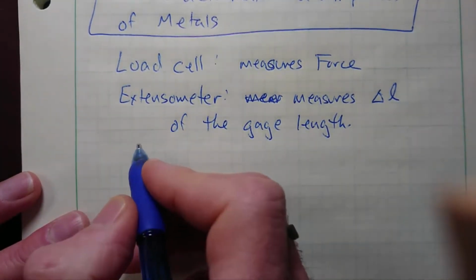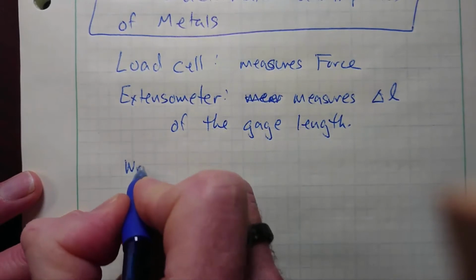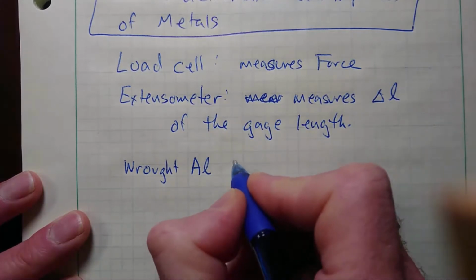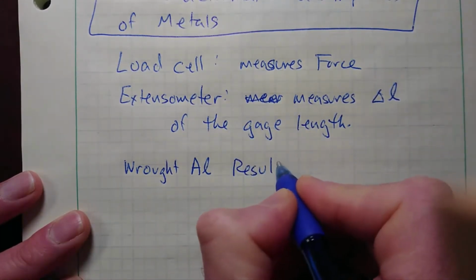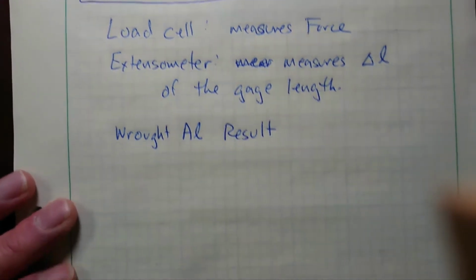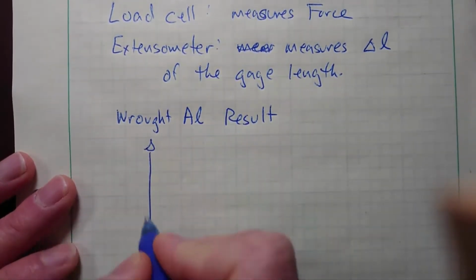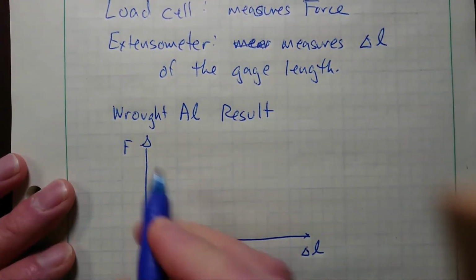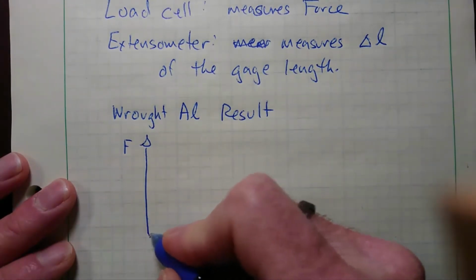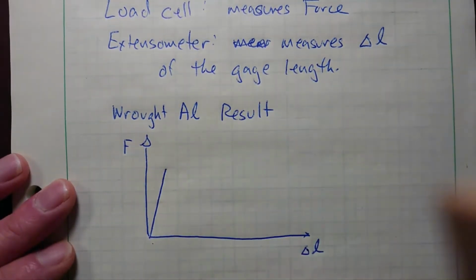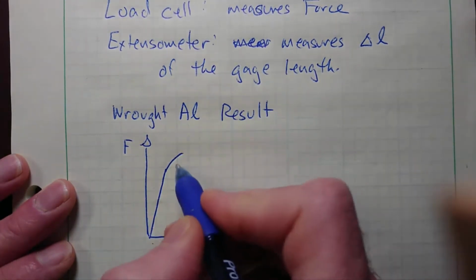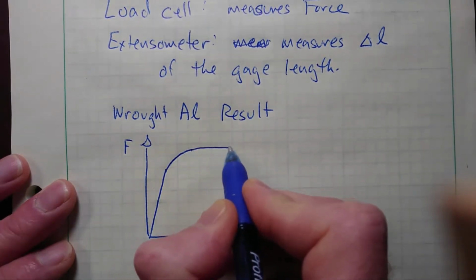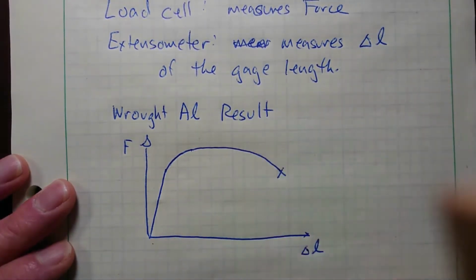Okay, so if we take a piece of metal, for example, a wrought aluminum sample, and we put it in the test machine and we pull it to failure, we're going to get a graph of force versus change in length from the load cell plotted against the extensometer that has initially a linear region, and then the force is going to increase more slowly with change in length, and at some point the force is going to drop and we get fracture.